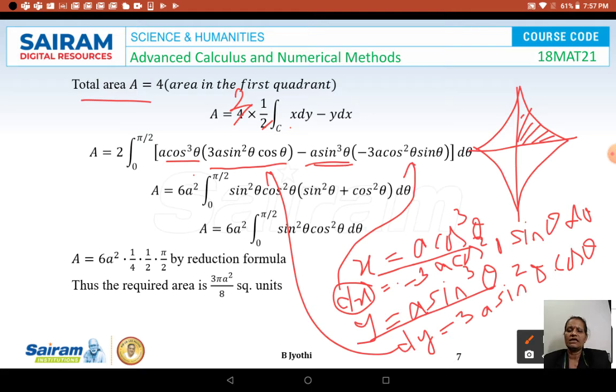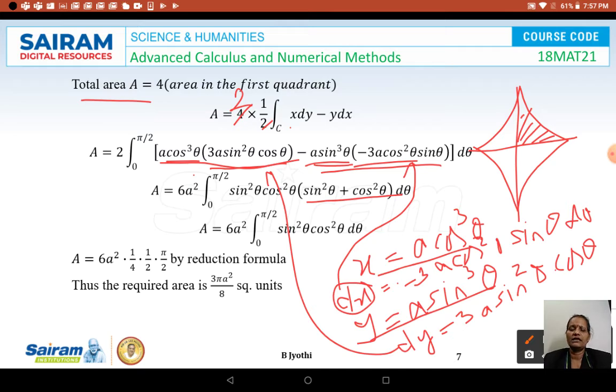Now let us multiply these terms again. Then we will get cos cube into cos, which is cos power 4 sin square, and here sin power 4 cos square. We can take sin square theta cos square theta outside from these two terms. Then what remains is sin square theta plus cos square theta, and as a standard result, we know that sin square theta plus cos square theta is equal to 1.